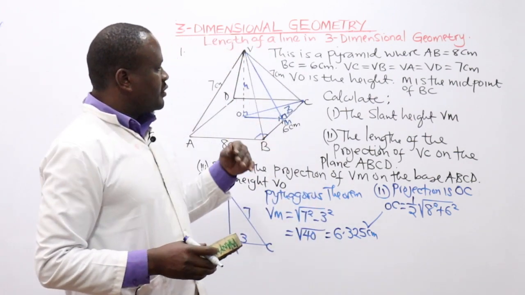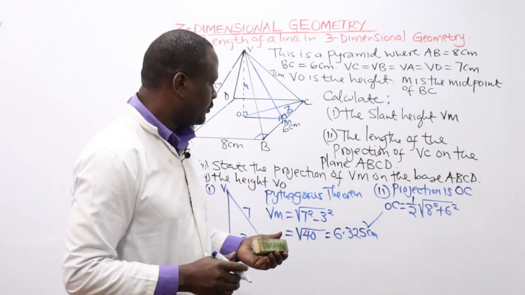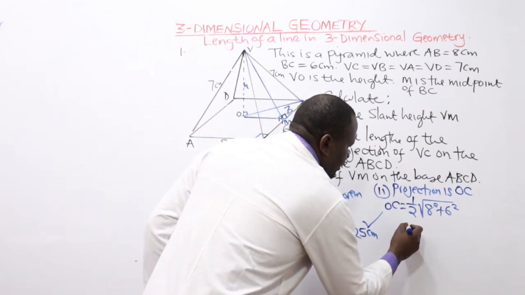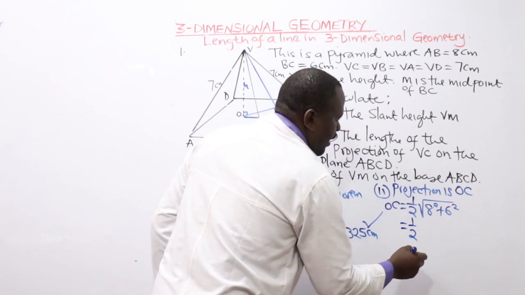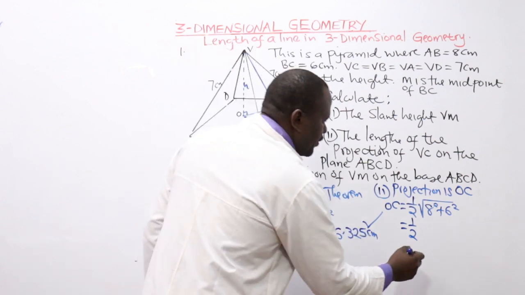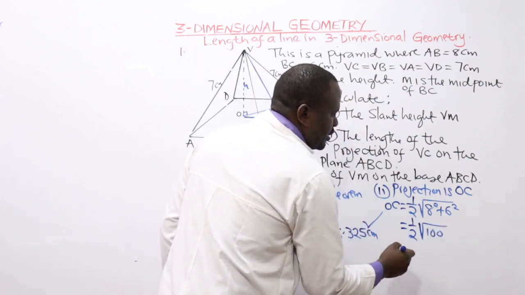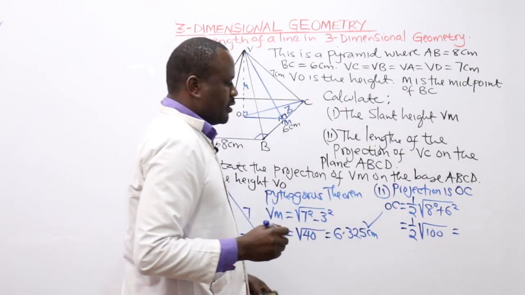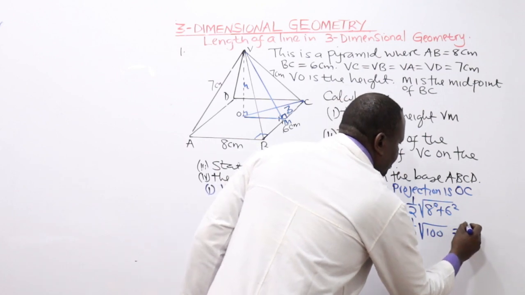8 squared is 64. 64 plus 36 is 100. So OC is half of the square root of 100, which is equal to 10. 10 over 2 is 5.